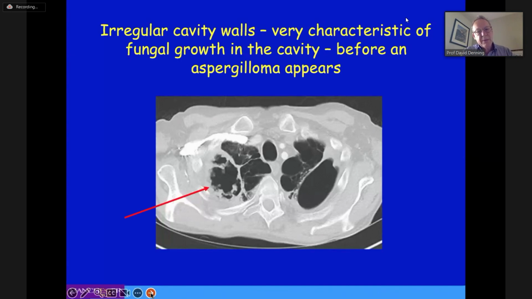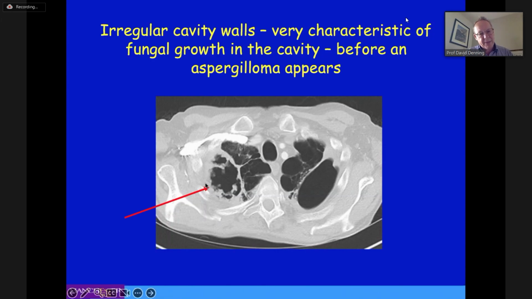So this scan illustrates the challenge from a radiological differential diagnosis perspective. You have a large clean-walled cavity in the apex of the left lung on the right side. This is a previous NTM infection which has been cured. You have emphysematous bullae from a patient who smoked a lot on both sides.